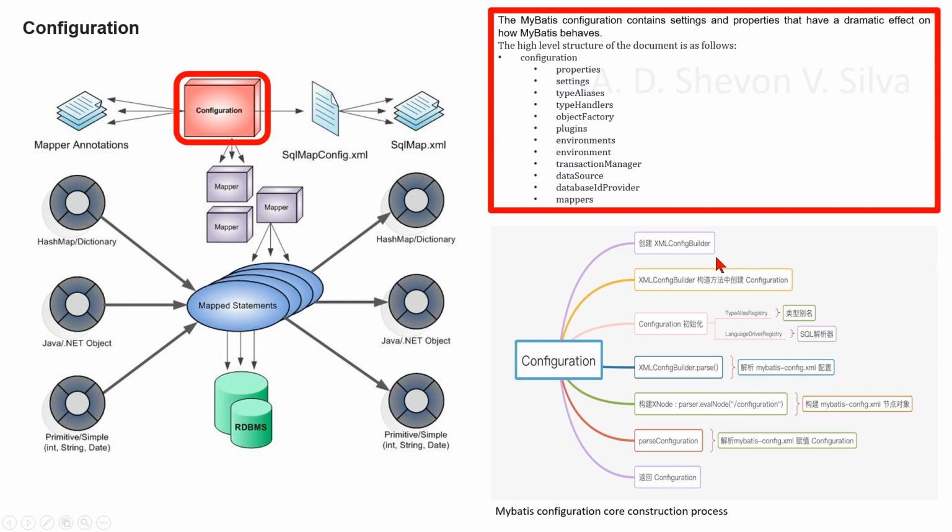Here the XMLConfigBuilder is mainly used to analyze the XML configuration file of MyBatis and store the analysis results in the configuration object, and create a SqlSessionFactory after getting the configuration object.